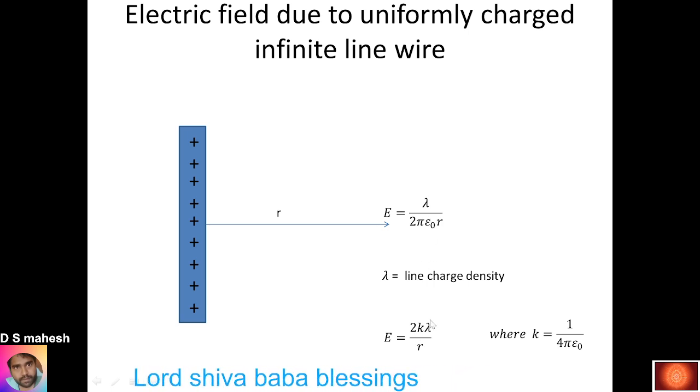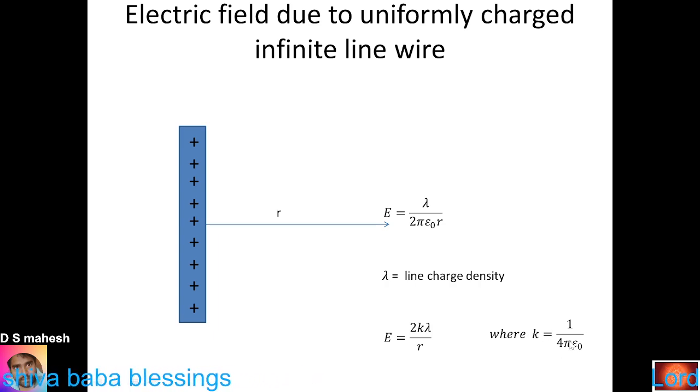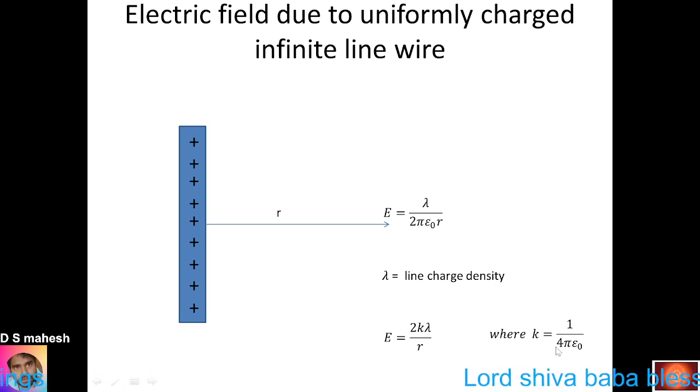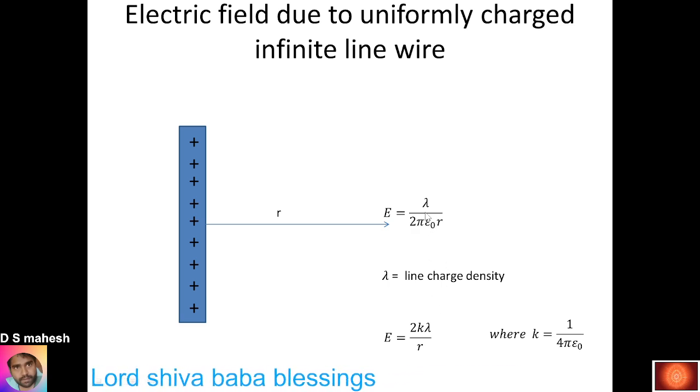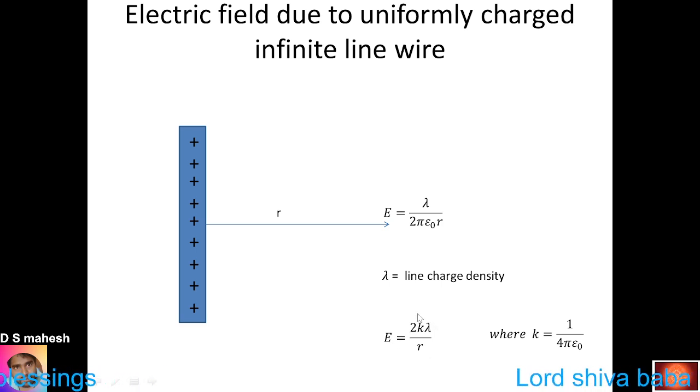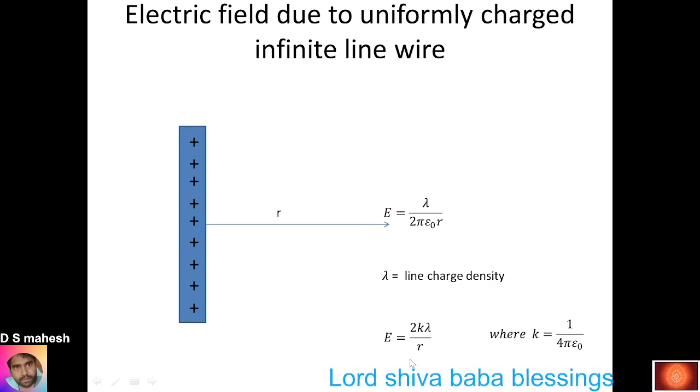So what I have done over here is, you know that the value of k is 1 divided by 4 pi epsilon naught. So if I multiply 2 at the top, that will be 1 divided by 2 pi epsilon naught. So instead of writing lambda divided by 2 pi epsilon naught into r, I included the term k inside this. So that makes this E is equal to 2k lambda by r. So this would be useful for solving the problems more quickly, since you know that the value of k is 9 into 10 to the power of 9.